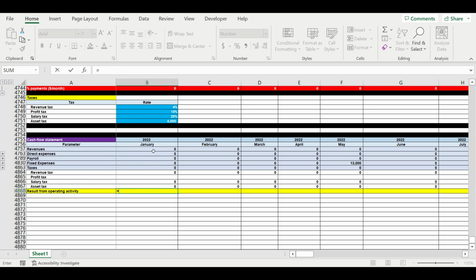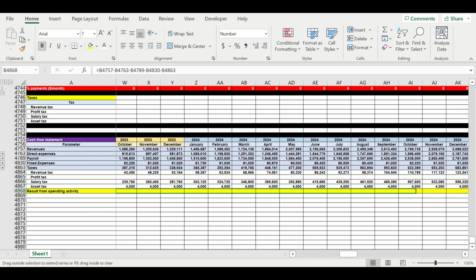I'm just taking revenues minus direct expenses minus payroll minus fixed expenses minus taxes. Now I'm extrapolating this formula to the right.